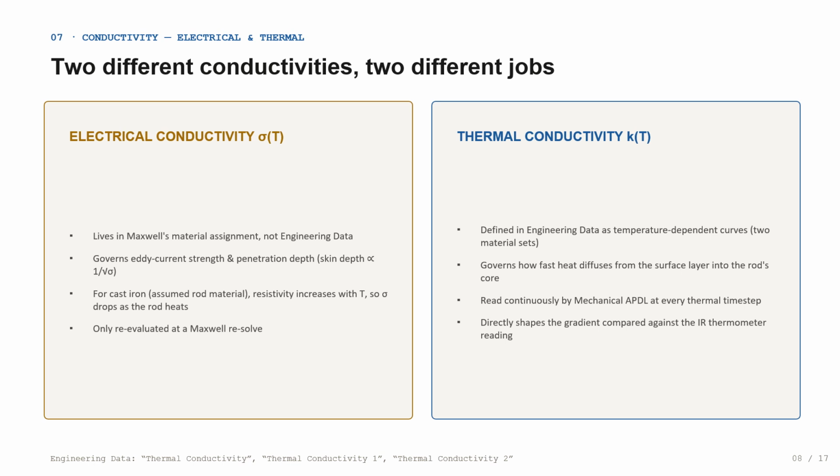Unlike sigma, K of T is read continuously by Mechanical APDL at every single thermal time step, with no waiting for a feedback exchange. This is the property that directly shapes the temperature gradient along the rod that we will compare later against the actual surface reading from the infrared thermometer.